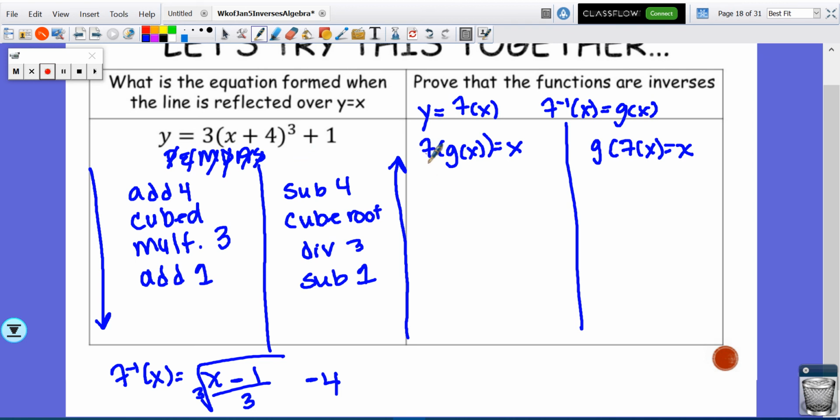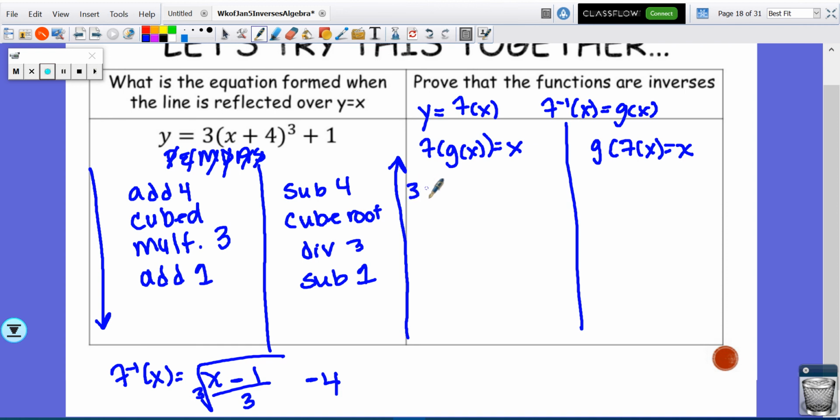All right, so I'm going to hold the f function, which is 3, and then wherever the x is at, I'm going to put in the g function. So cube root of x minus 1 over 3. Hold on, I need to write smaller, just a second.